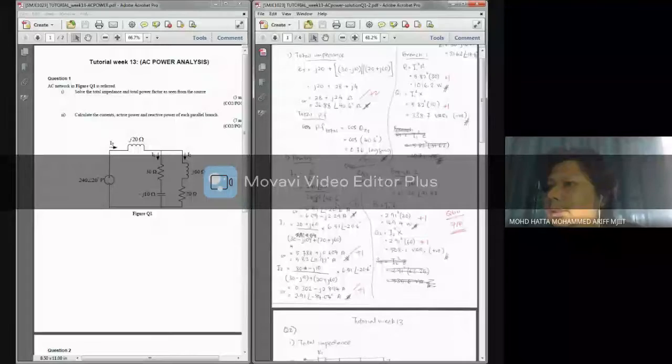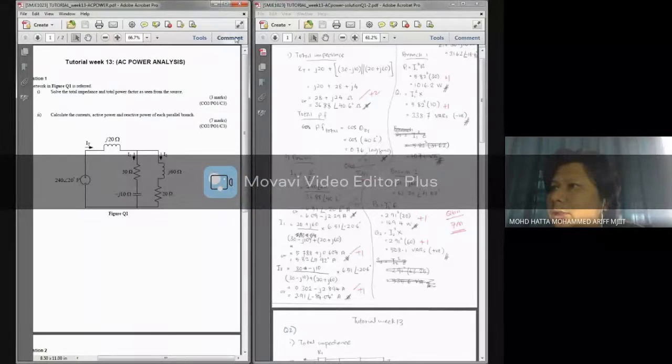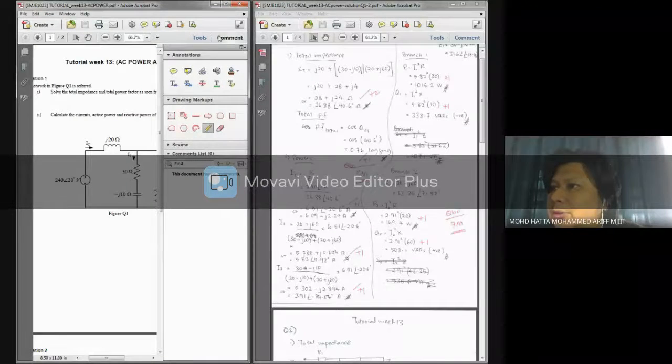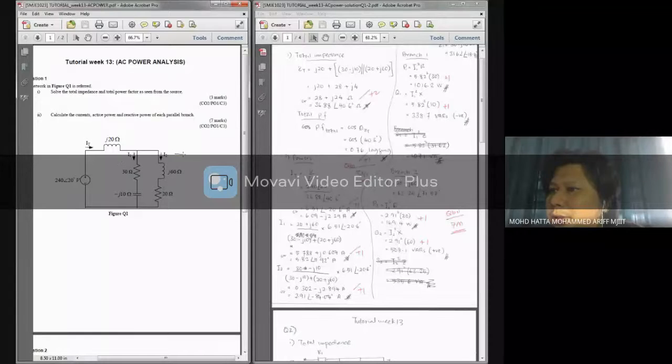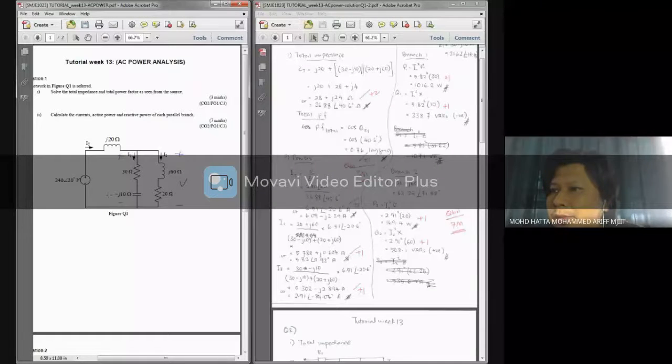All right, now for the powers, we need to calculate active and reactive power. If you try to use VI conjugate, make sure the voltage that you use is the voltage across this branch, as well as the voltage across the other branch.